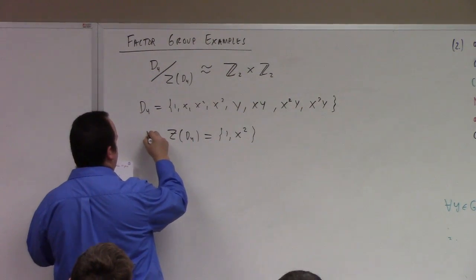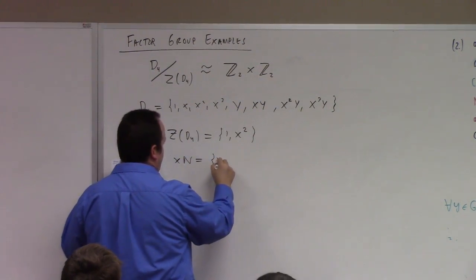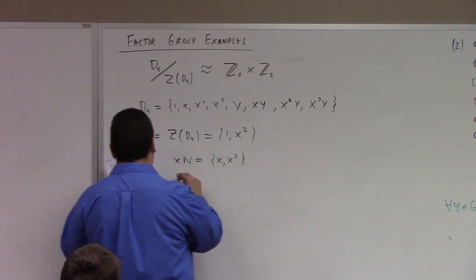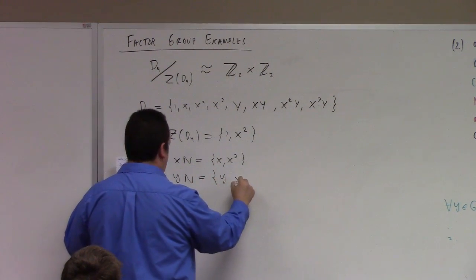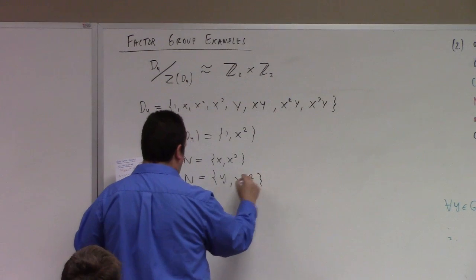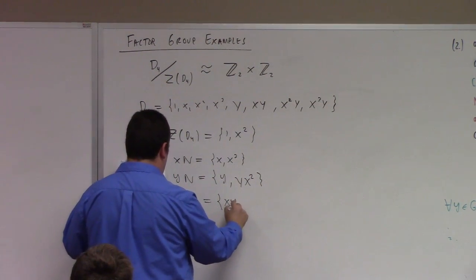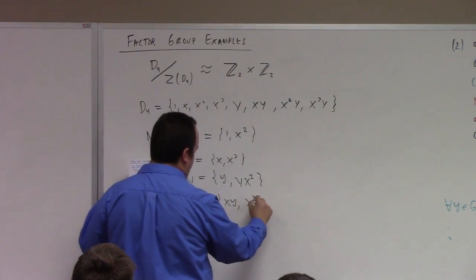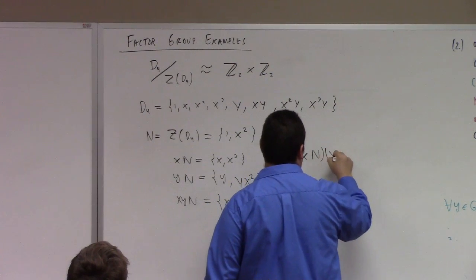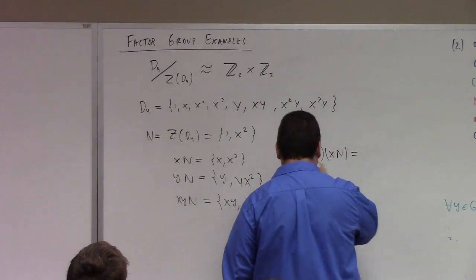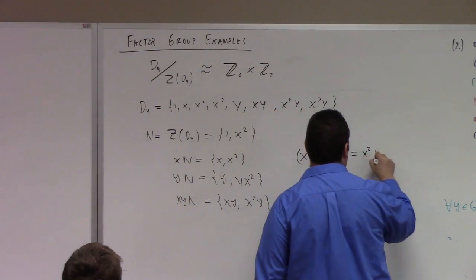Let's call this thing n. And then xn is x, x cubed. yn is y, x squared y. And xy times n is xy and x cubed y. What happens when we multiply xn times xn? We get x squared times n, right?